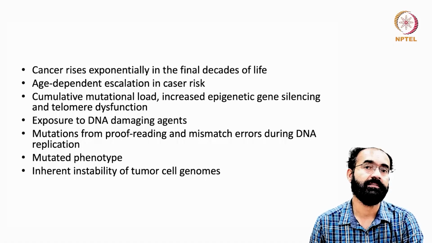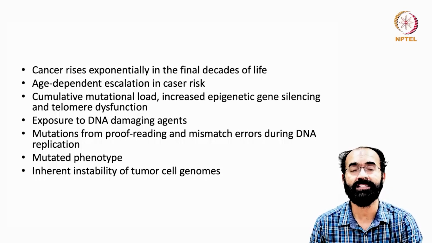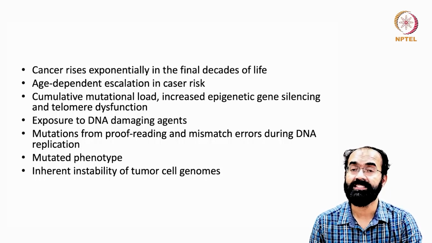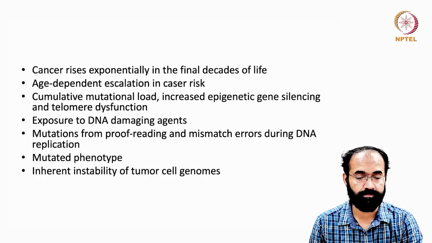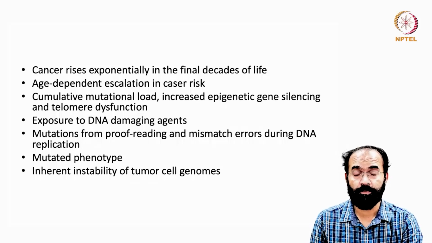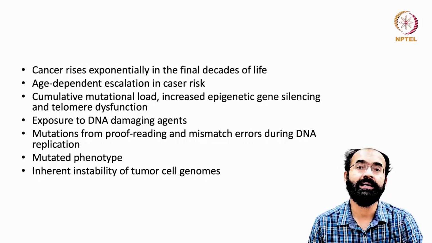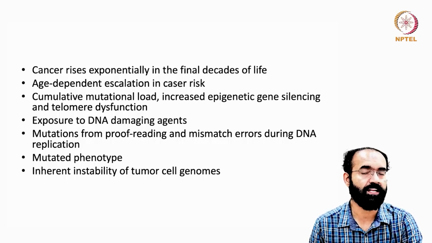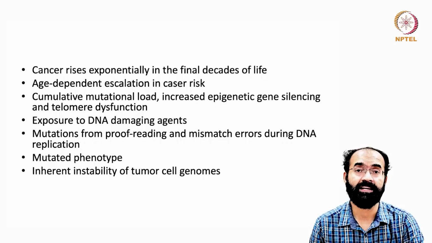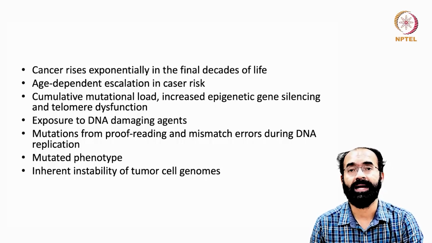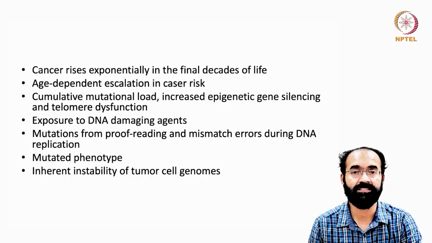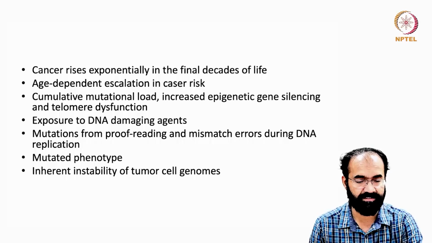A cell may be mad or not working properly, but as long as it is not dividing, it is okay. So all this is connected. Exposure to DNA damaging agents is one of the initial steps in getting cancer, and then the rest of the problems like shortened telomere length or reactivation of telomerase and various other factors contribute together to establish cancer.